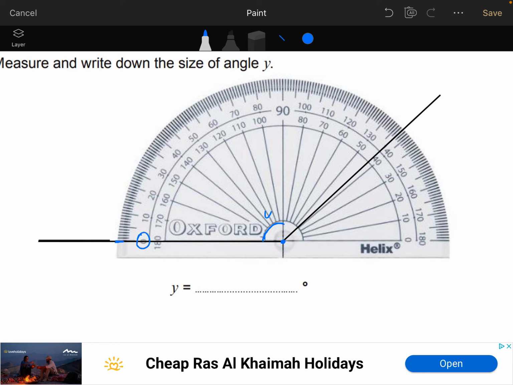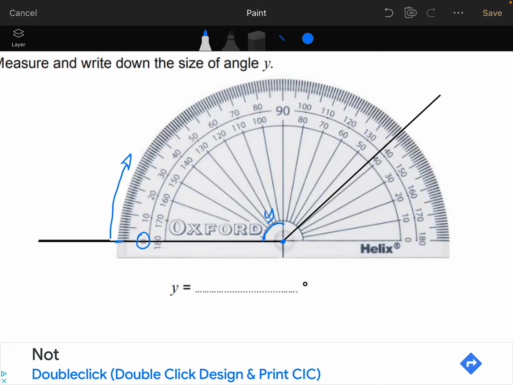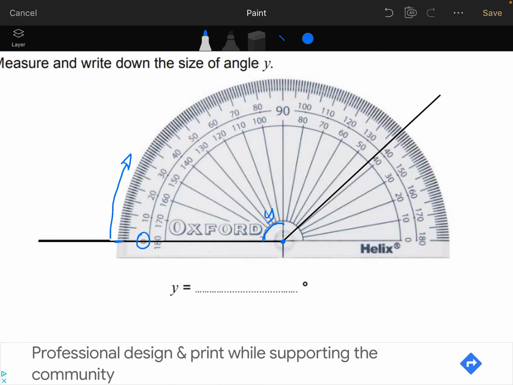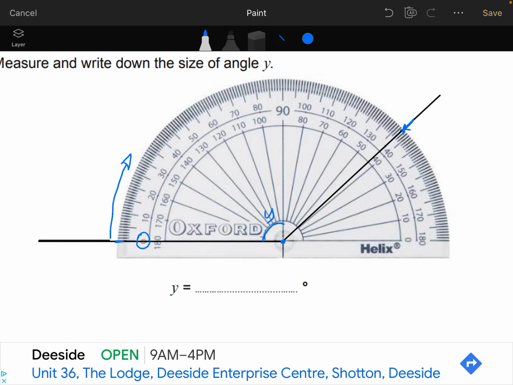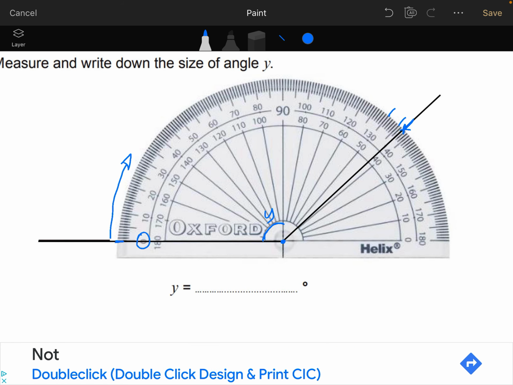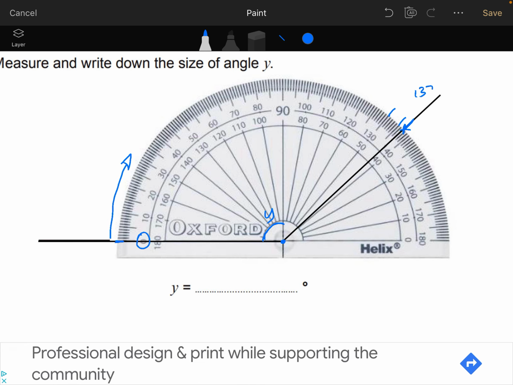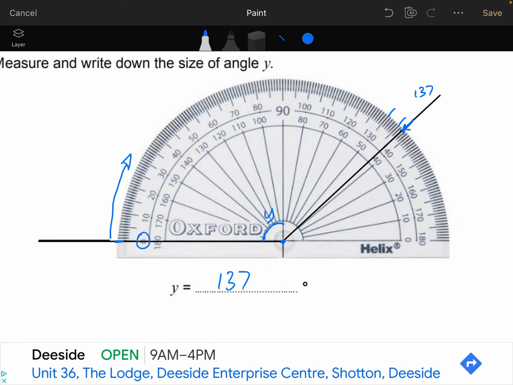That's the angle Y. And so we need to measure from here in that direction. So we go from 0 right the way around until we get to this point here. Okay, and if I look, that's 130, 135, and then 2 more little bits, so it's 137. 137 degrees is the answer.